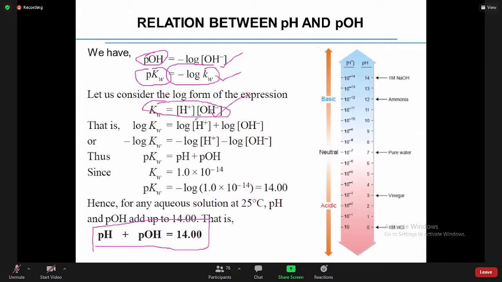These two will be ions, and then if we use the log, we will get this one, and ultimately the minus log Kw can be written as pKw, right? And pKw will be this one, and then ultimately you will get this equation. So you can explain that the total of pH and pOH will be equal to 14, right? Okay.